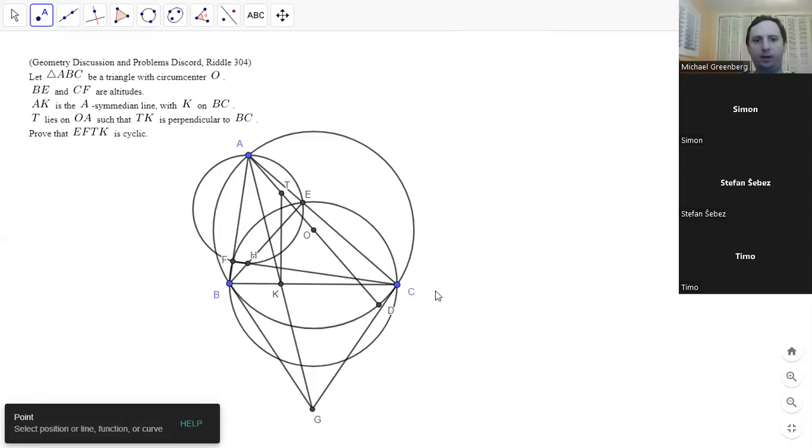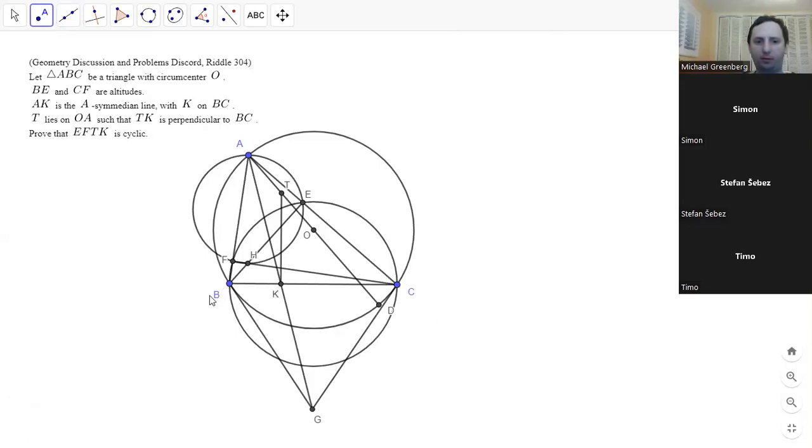So KB times KC, that's the power of K with respect to this circle. And then this one, I don't know if there's a good way to do it.